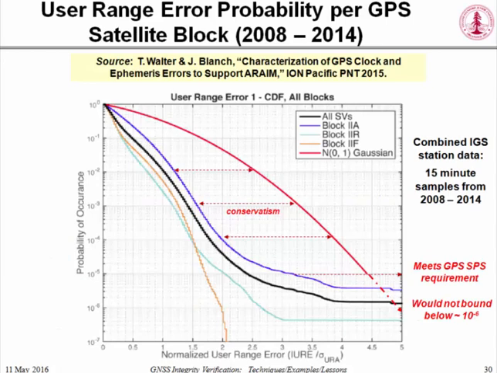If we go back to this slide, as I mentioned before, this is very good performance over a long period of time relative to the broadcast sigma, but that broadcast sigma only bounds down to 10 to the minus 5. So when we control the broadcast sigma, like we do in augmentation systems, we will need additional inflation. This red curve will have to shift way out here to protect integrity, to create protection levels that we know are safe. As a result, we lose performance.